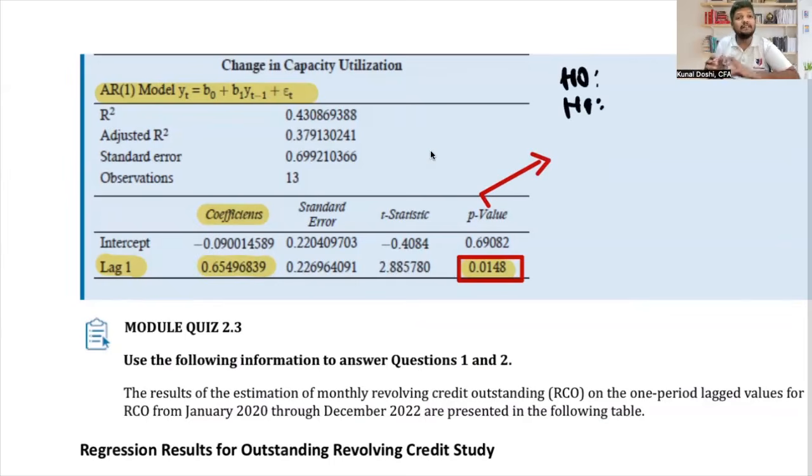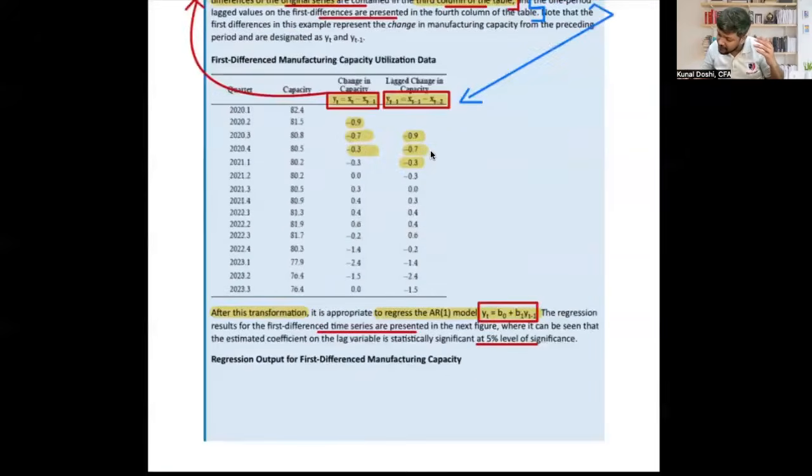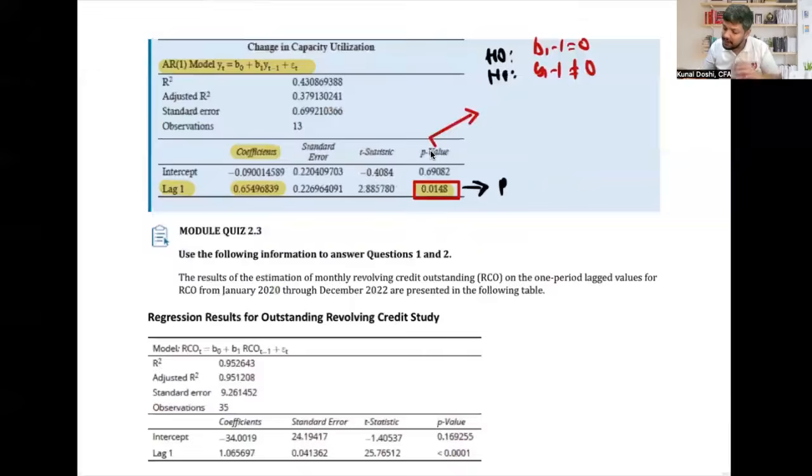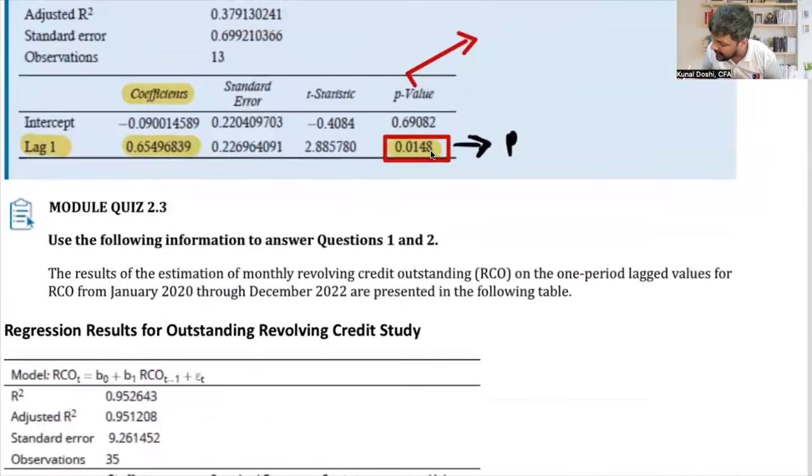Under my modified t-test, my null was b1 minus 1 equals 0, and the alternate is b1 minus 1 is not equal to 0. Since my p-value here is 1.48 percent, and they said test it at 5% significance, the p-value is below 5%, or I can say p is below alpha.